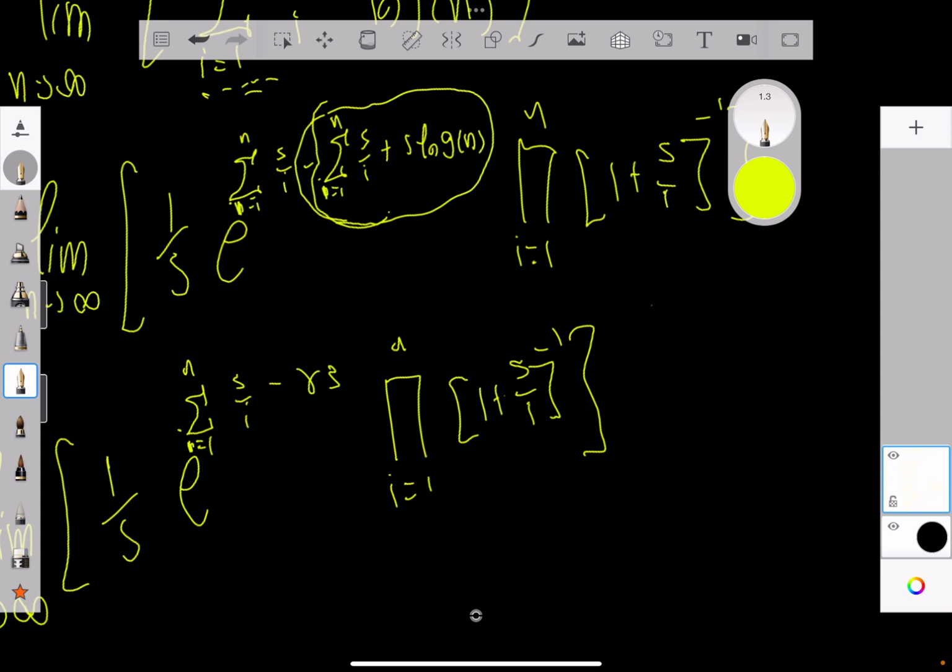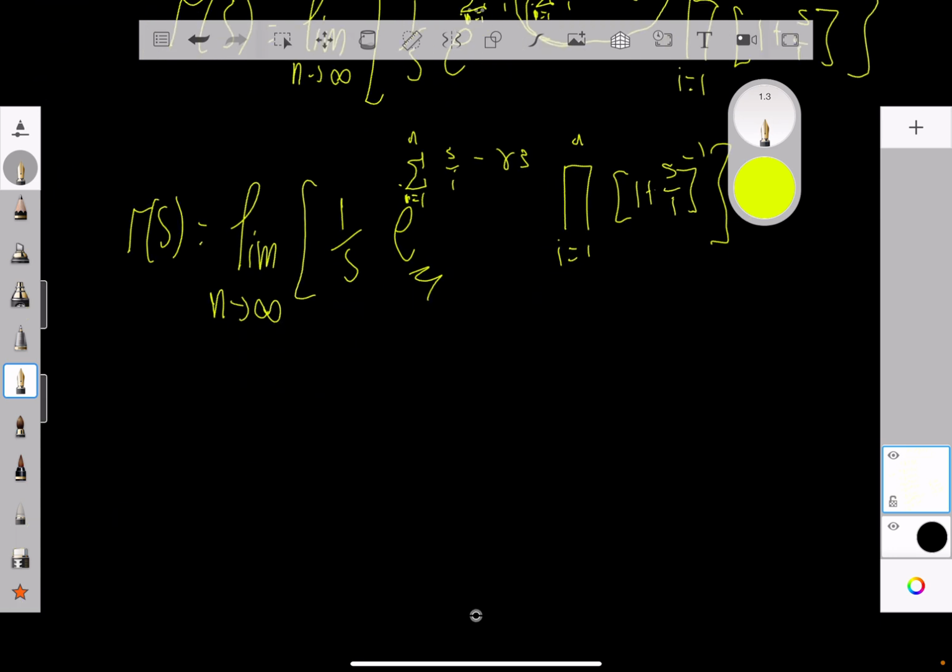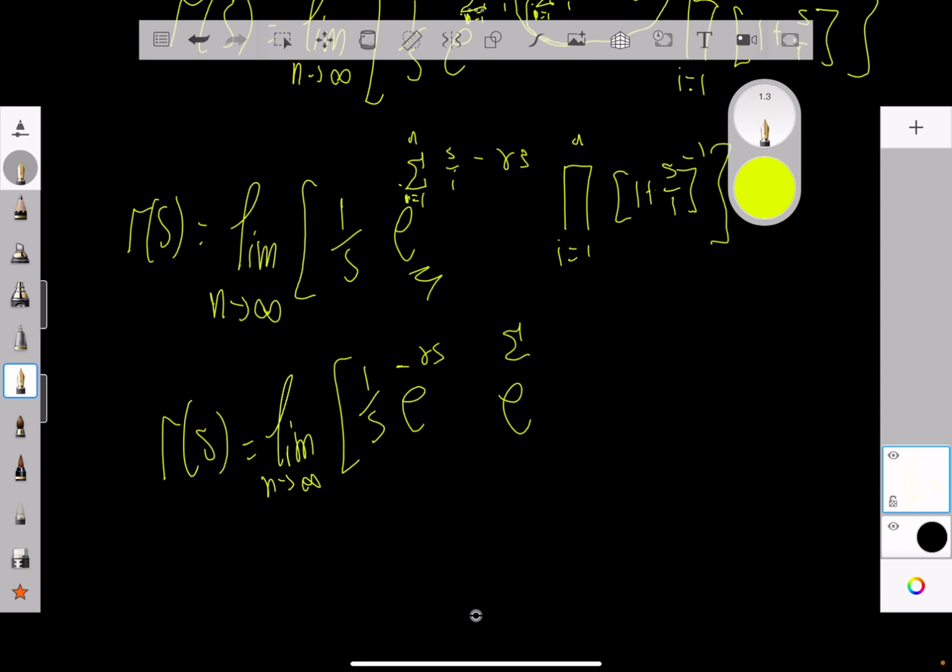So let's separate those. If we separate it, it equals the limit as n approaches infinity of 1 by s, e to the power of Mascheroni constant s, e to the sum for i equals 1 to n of s by i, the product from 1 to n of (1 plus s by i) to the minus 1.